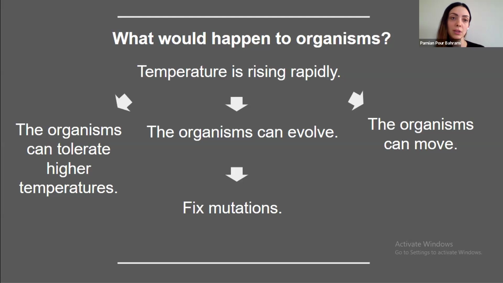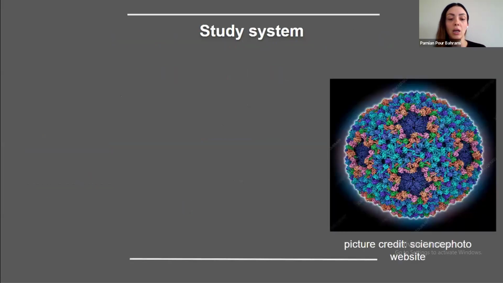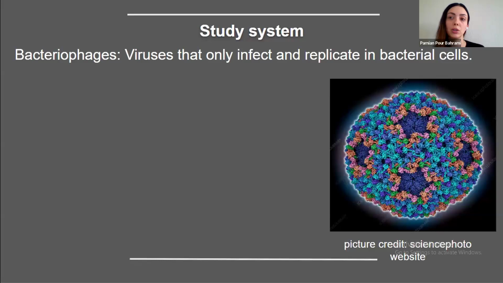So we are answering this question with the help of bacteriophages, which are viruses that only infect and replicate in bacterial cells. We are using bacteriophages because they have a large population size, a very short replication cycle, and a high mutation rate.